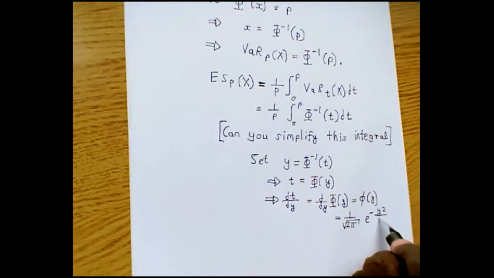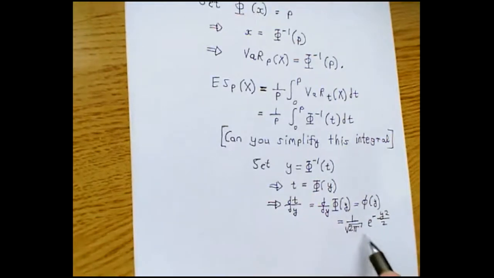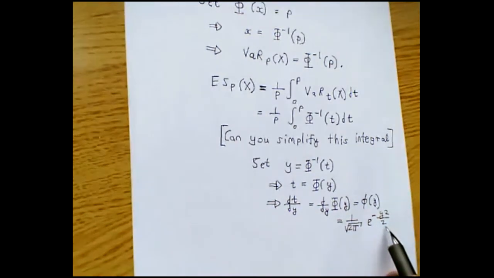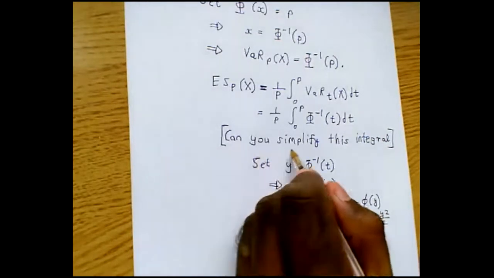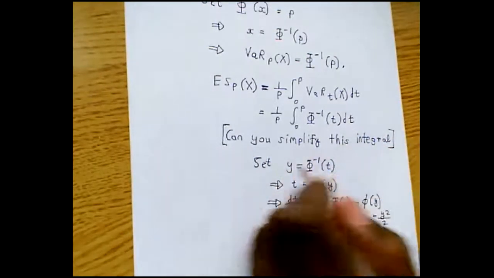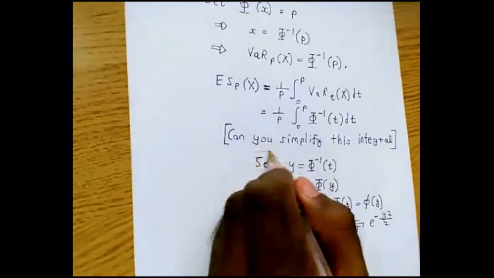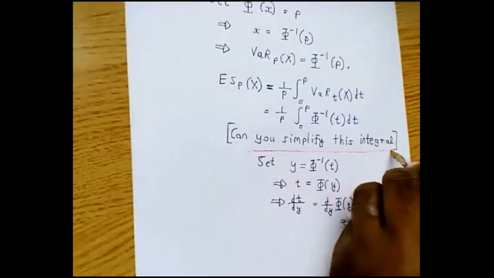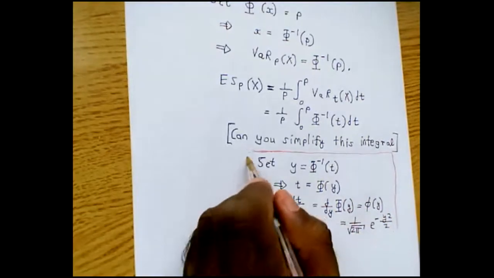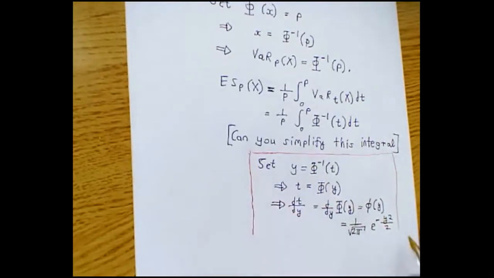You've seen this before. This is the density of the standard normal distribution, 1 over root 2 pi times e to the minus y squared by 2. You must have seen that millions of times. So let me put this in a box, as I do normally.